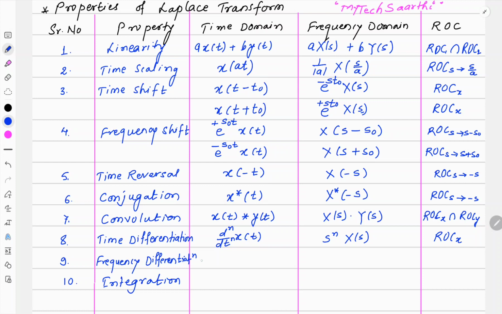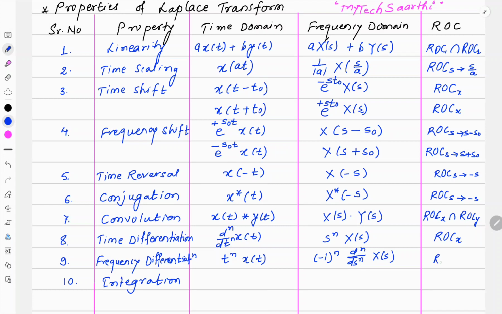Similarly, we have frequency differentiation. This tells us that if we multiply x of t signal with t raised to n, in that case your frequency represented signal will be minus 1 raised to n d by ds nth order of x of s.